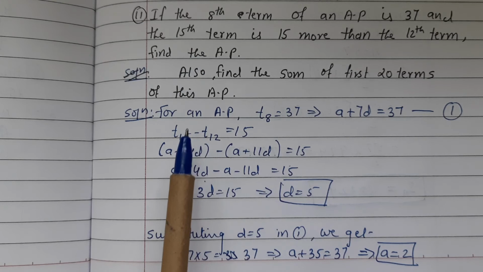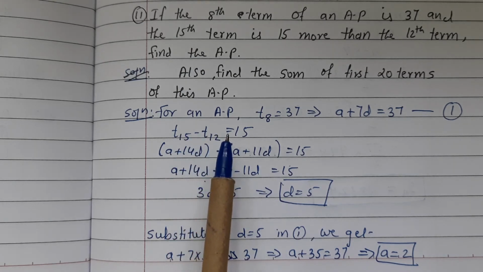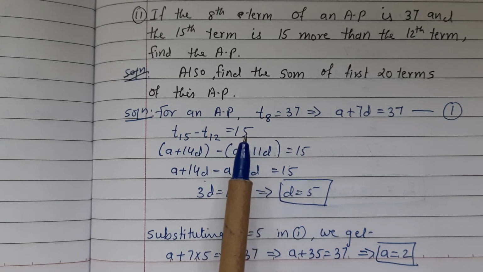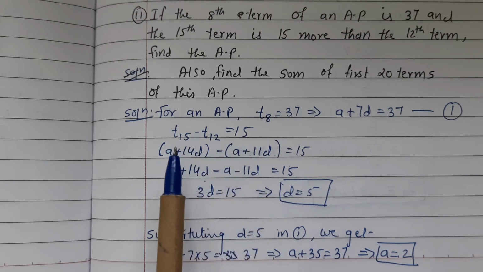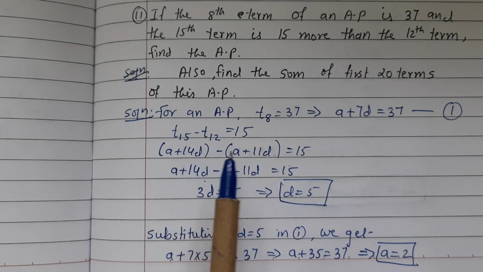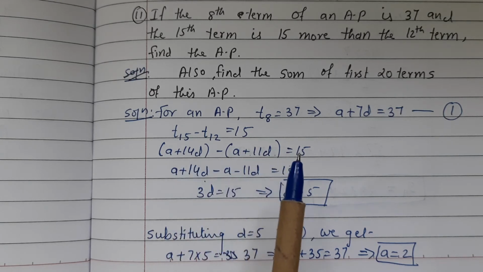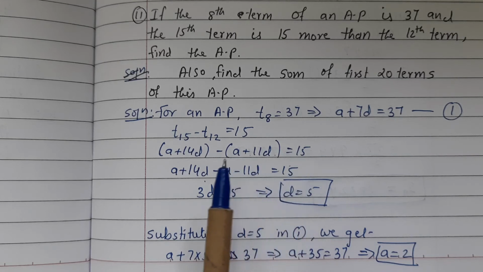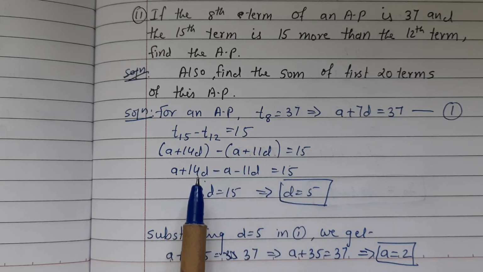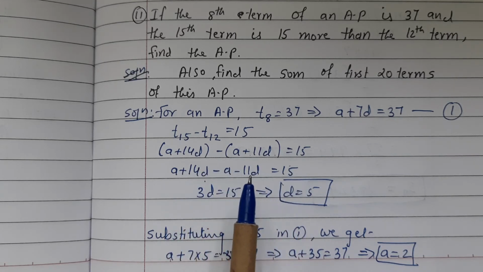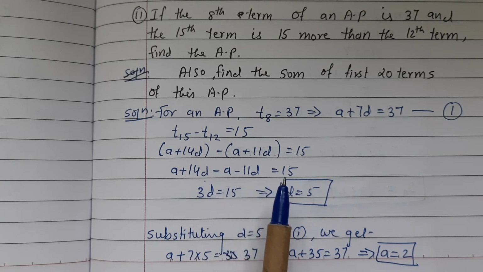15th term T15 minus T12 equal to 15, as 15 is more. Write A plus 14D minus A plus 11D equal to 15. Open the bracket: A plus 14D minus A minus 11D equal to 15.